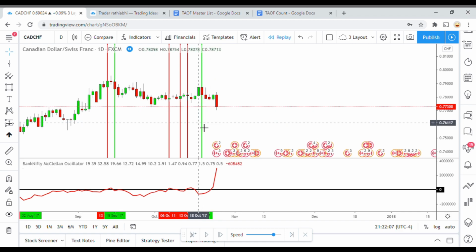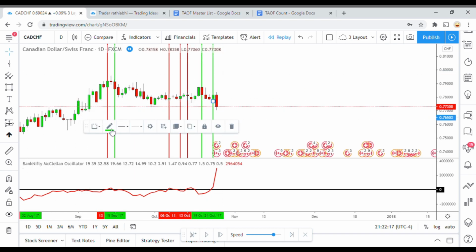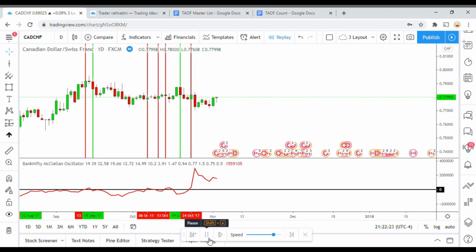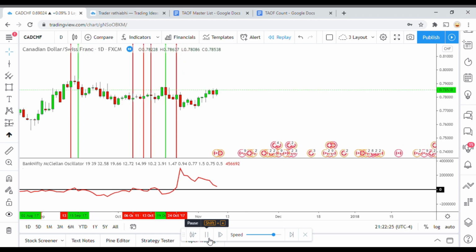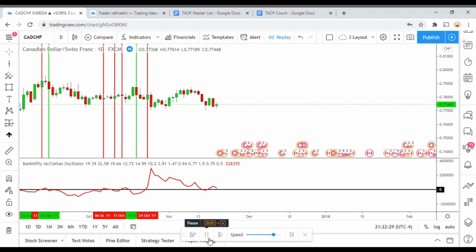that might be problematic. Let's see. So short signal there, yep, that would have worked. Then it called a long right here, right before a massive red candle, and now it's hovering up above.